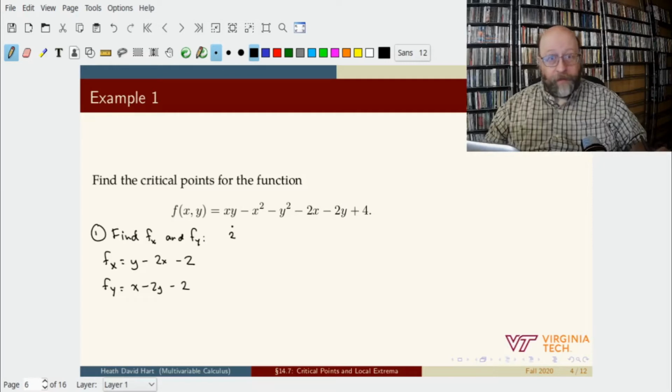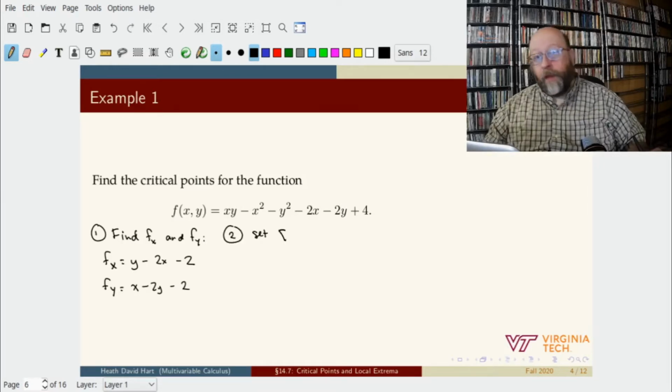Okay? The second step is we're going to set these equal to 0. We can say that in terms of the gradient vector, or we can just say set f sub x equal to 0, or the partial derivative with respect to x equal to 0, and f sub y equal to 0.